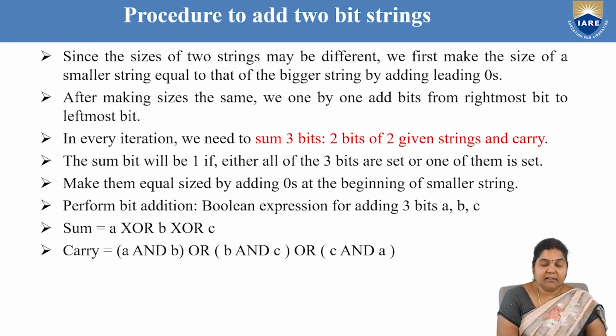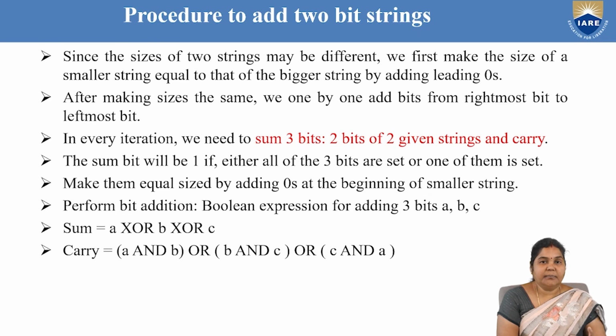After equalizing both these strings to the same length, it will be easy for us to do the addition. So how will you do addition? Addition will always be done from the rightmost bit to the left. From right to left we are going to add. In every situation when 2 bits are added, there is a chance that a carry bit will be generated.